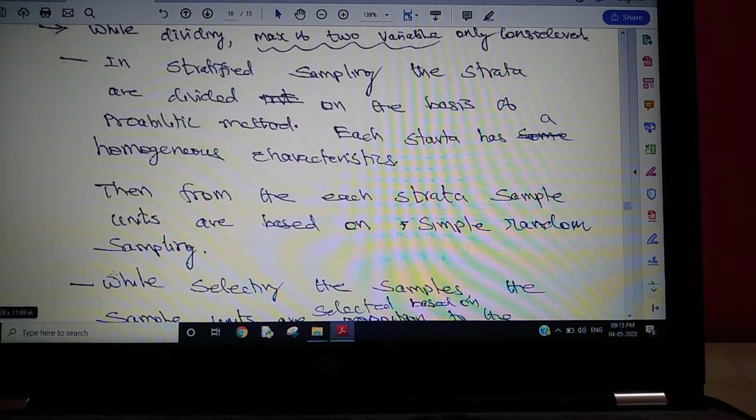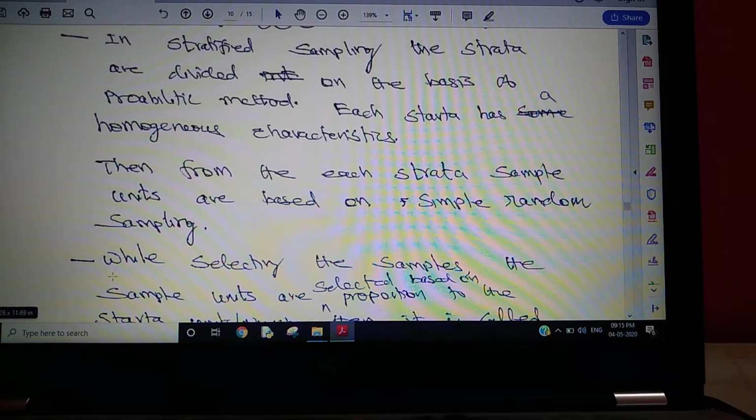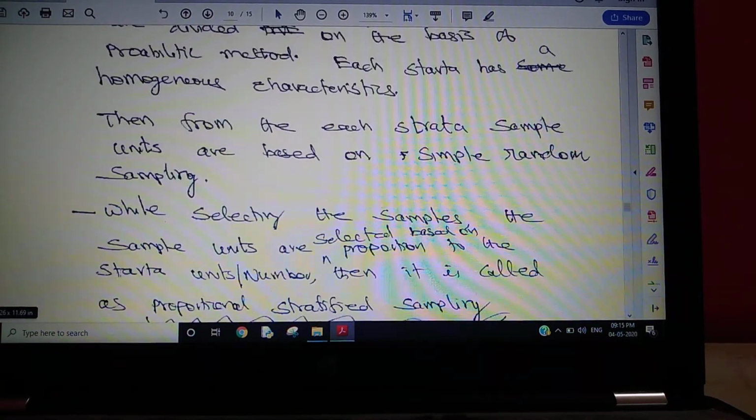Same age group is one stratum. Or the age group between this and this with income of this is in this category. Then stratum 2 is maybe age group 35 to 50 with such and such income. So here age is the main criterion to divide it. Then from each stratum, sample units are selected based on simple random sampling.